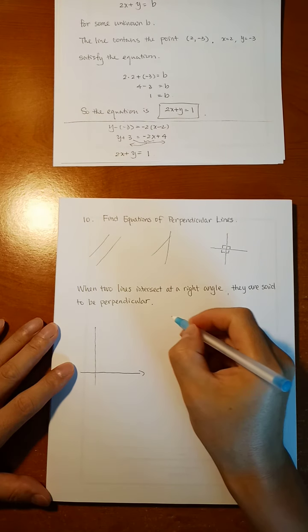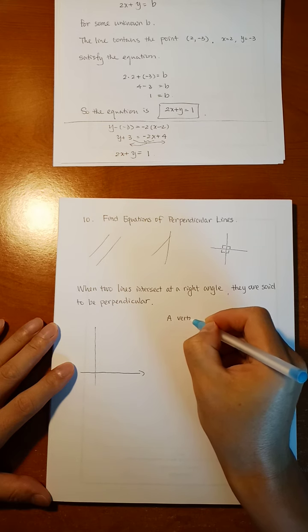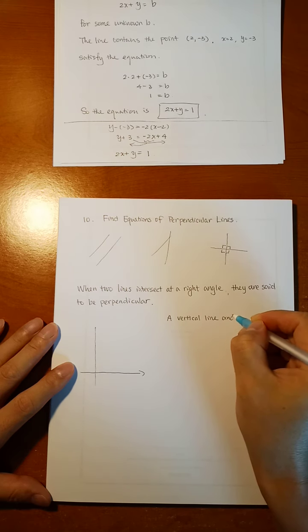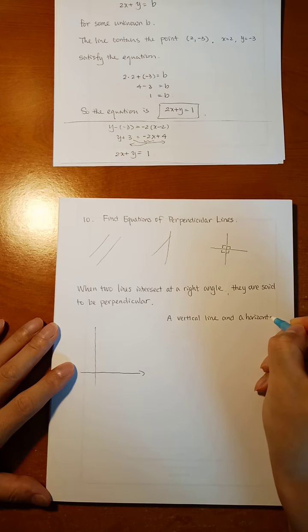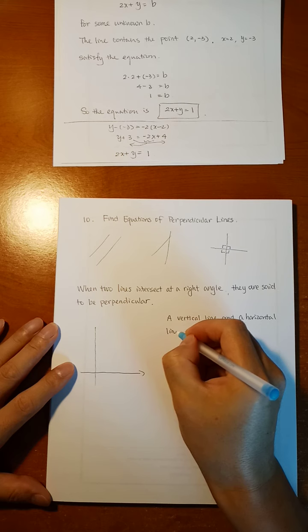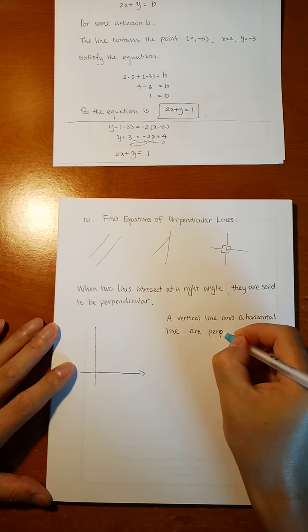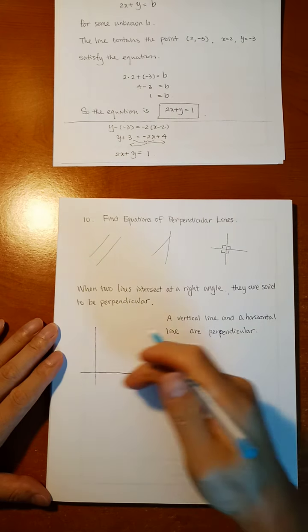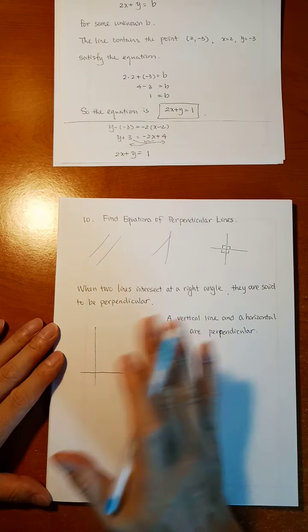First, a vertical line and a horizontal line are perpendicular. Like the x-axis and y-axis, they intersect at a right angle, so they are always perpendicular.